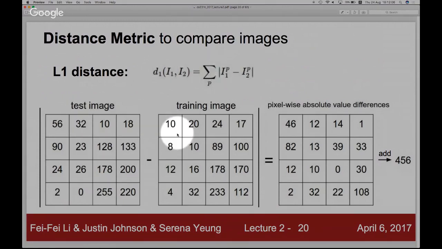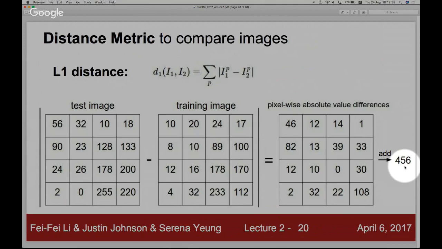So 56 minus 10 equals 46. 32 minus 20 gets us 12. You take all of these numbers, sum them together, and that represents some type of distance value between one picture and another. And it's hopefully obvious that if we duplicate the training image and use it as the test image, then the absolute value difference would be 0 for all of the pixels, and we get a distance of 0, which is exactly what we want.